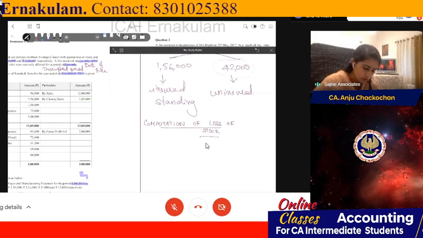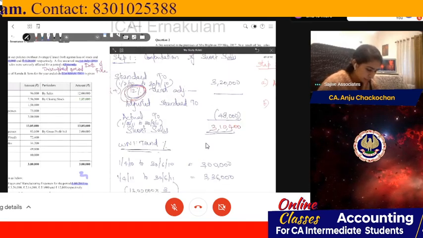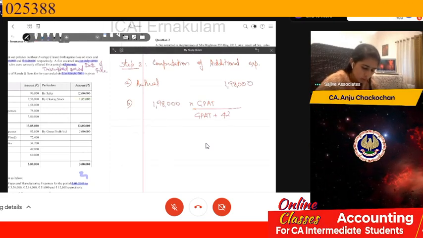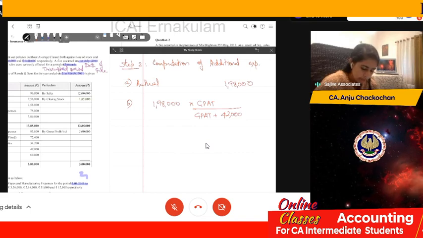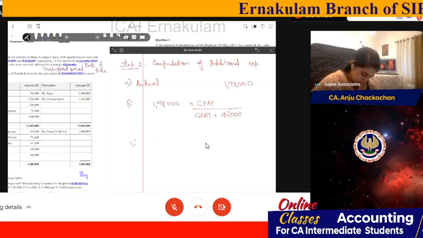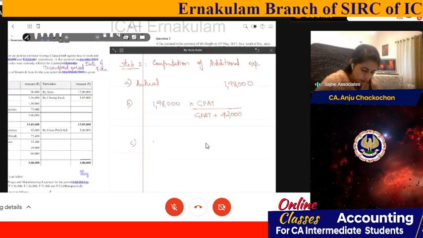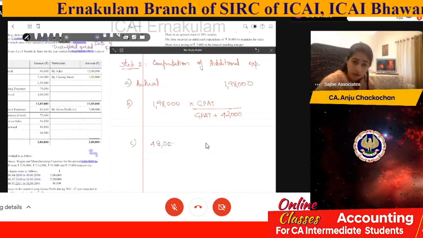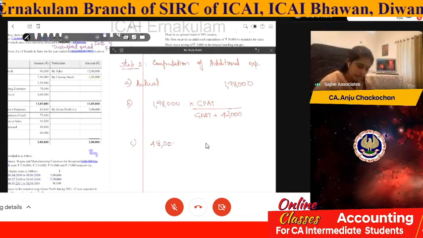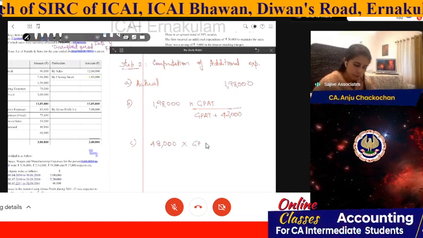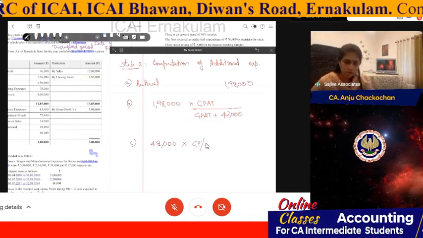So just note that down here, 42,000. You will have to compute GPAT, and the next one is GP percentage, applied to the turnover. We'll go with the second assumption, that the entire turnover is because of this additional expense, into which you apply the GP percentage. And we'll be taking the least of these three.